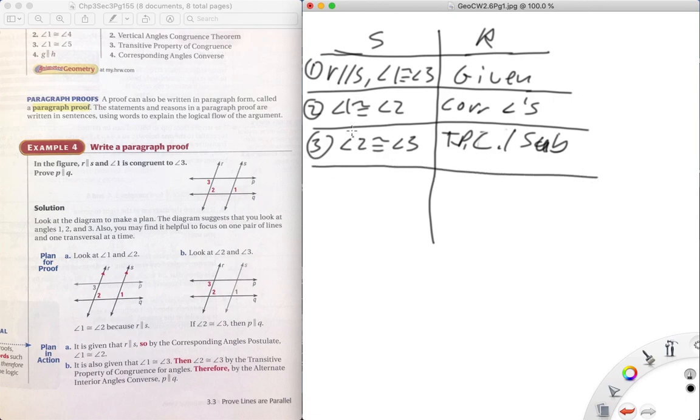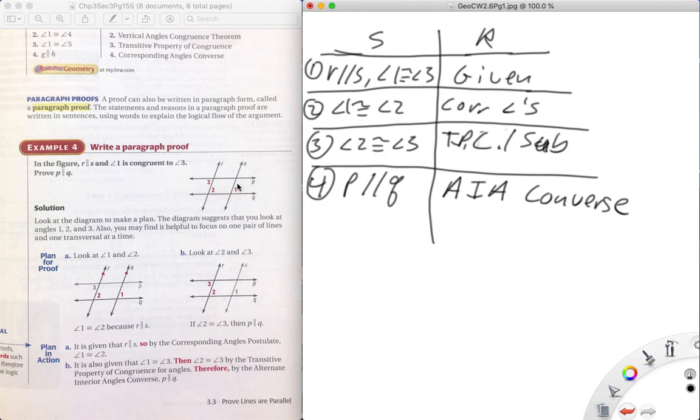And then number 4, I can say that line P is parallel to line Q because of the alternate interior angles converse. Here's what's going on. Remember, parallel lines cut by a transversal.